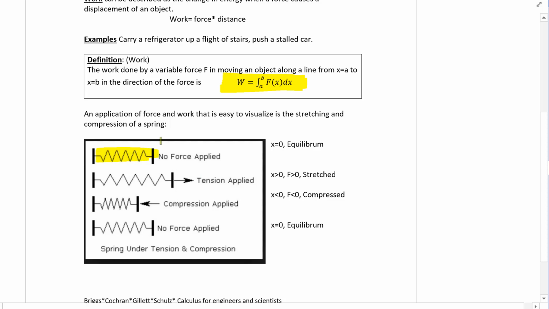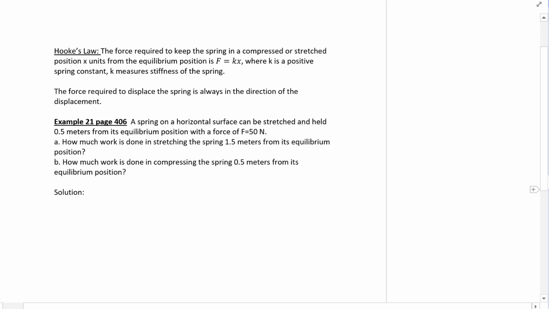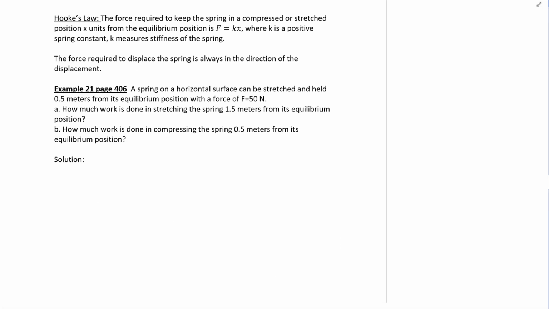If we have a spring, in equilibrium with no force applied, we can stretch it or compress it. The force is equal to k times x, where k measures the stiffness of the spring, and x is the position function, how many units we need to compress it or stretch it.